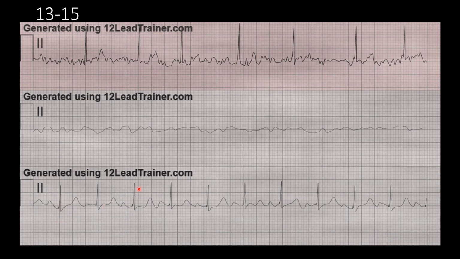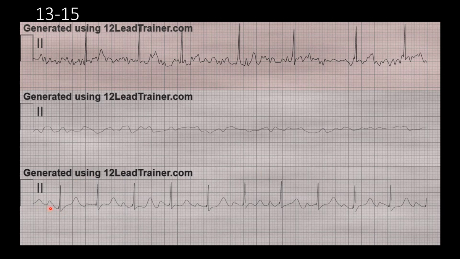Down here, this looks pretty regular. If we use the dark line method, our rate is 300, 150, 100, so it's about 120. And now if we use the multiplication method, 1, 2, 3, 4, 5, 7, 8, 9, 10, so it's somewhere between 100 and 120.